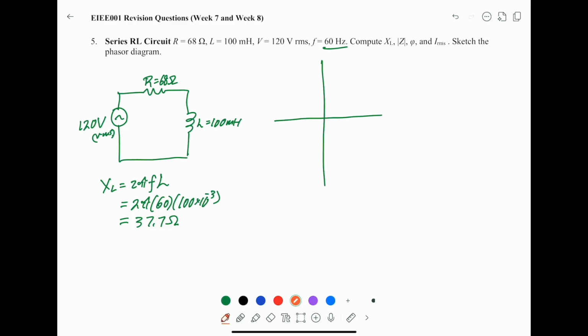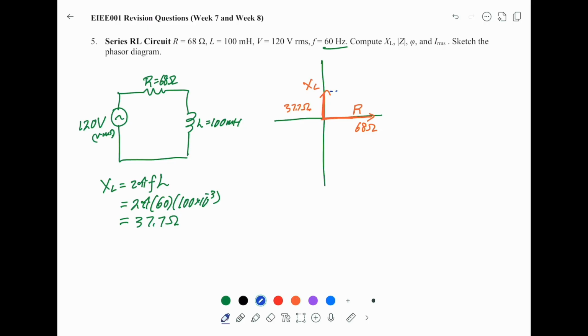Now let's plot the inductive reactance on the phasor. First, the resistance R is along the x-axis, and the inductive reactance leads the resistance by 90 degrees. So this is here, and this is 68 ohm, and this is 37.7 ohm, XL, the inductive reactance.